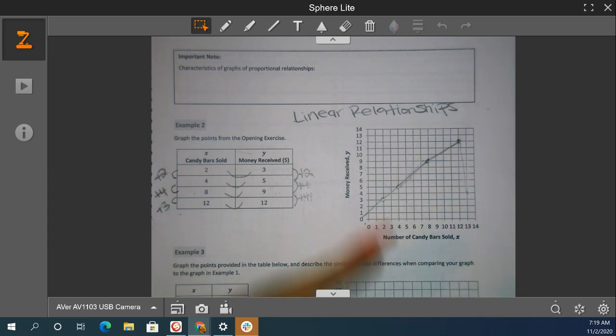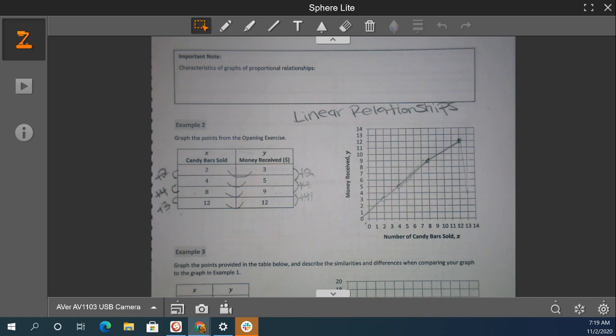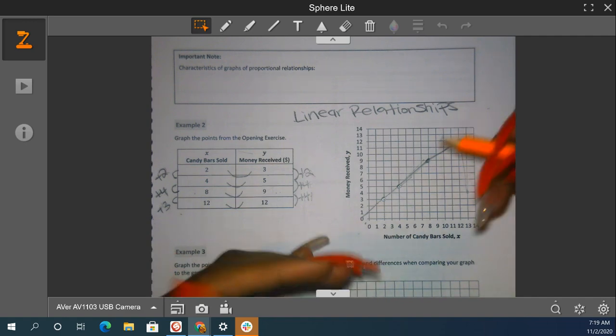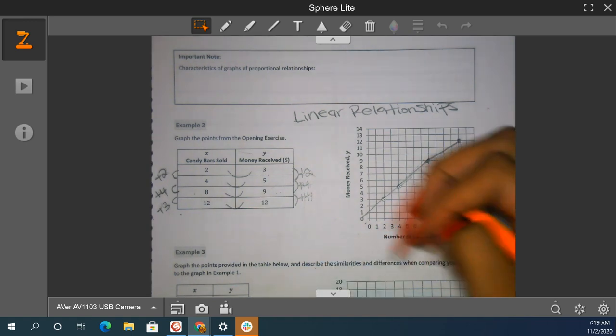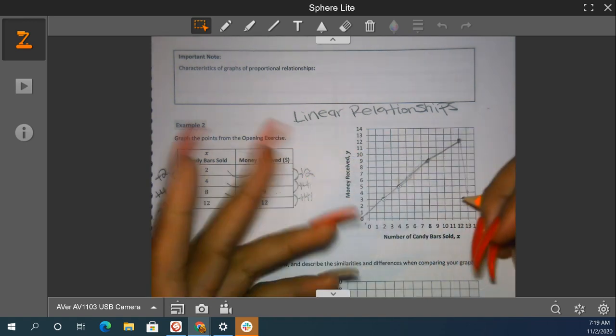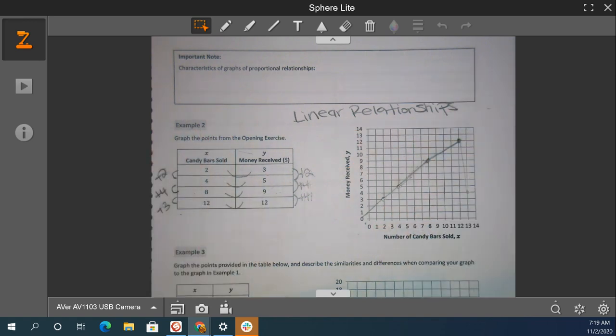They're all relationships that change at a constant rate, constantly going up. Remember, just because a relationship is not proportional, that does not mean it's always a linear relationship, because that's not always the case.